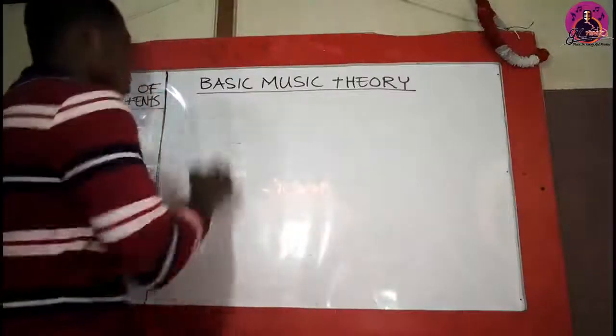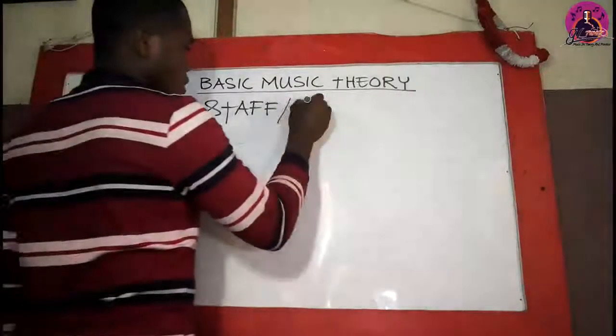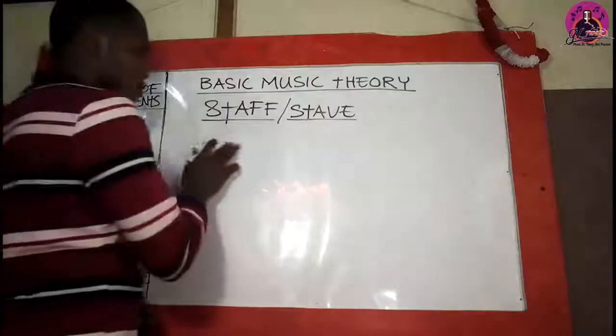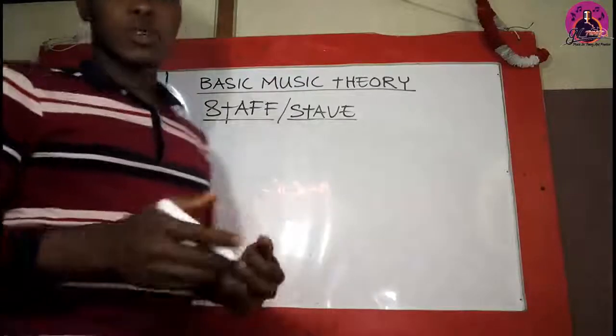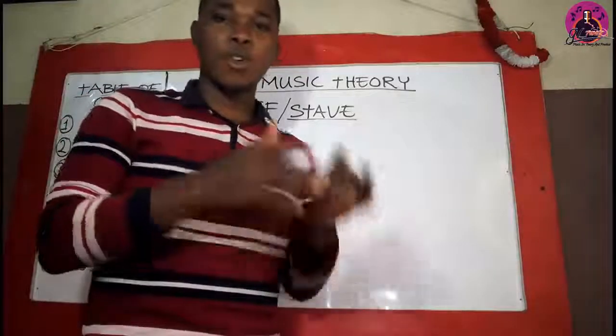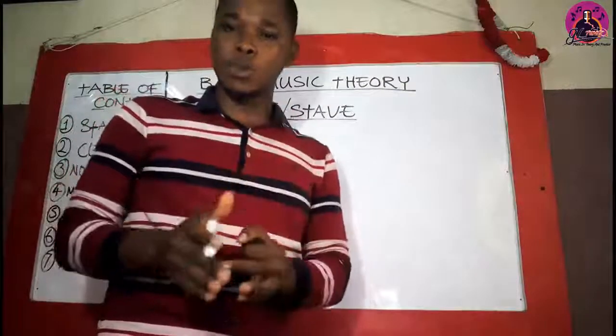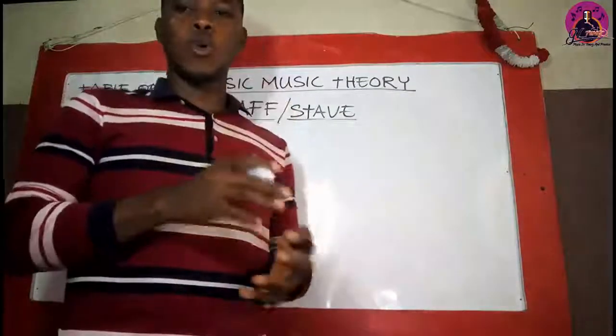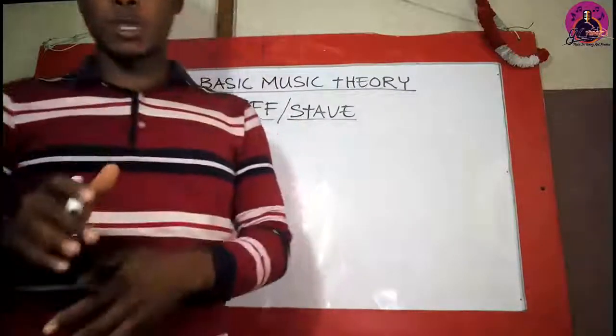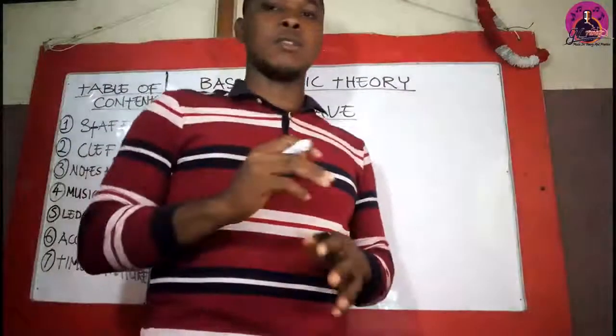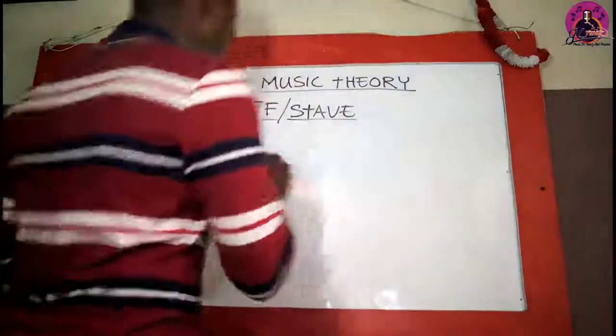The first on the list is the staff, or you can also call it the stave. The staff is a musical symbol that consists of 5 equal and horizontal lines with 4 equal spaces in between them. Those lines are parallel, they don't meet. So it looks like this.